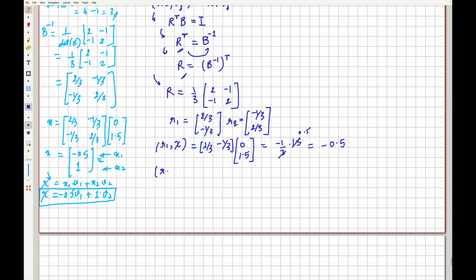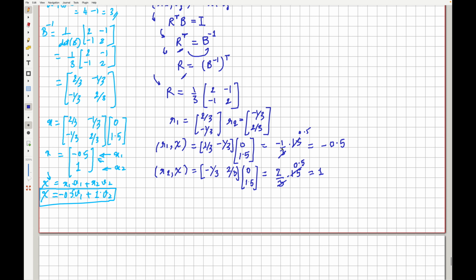And if we dot R2 with x, we have this vector minus 1 by 3, 2 by 3, and here we have the same x, 0, 1.5, and in the output then, this would be 0 minus 1 by 3 times 0 is 0. Then what we are left with is 2 by 3 times 1.5, and that is simply, this is 3, this is 0.5, and 0.5 times 2 is simply 1.